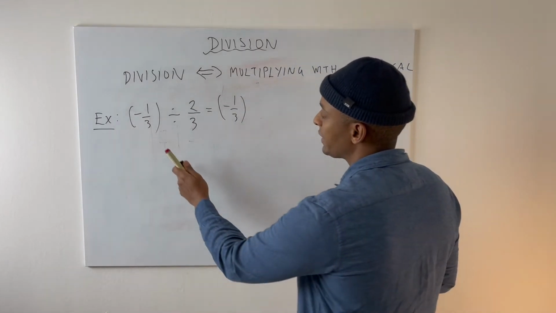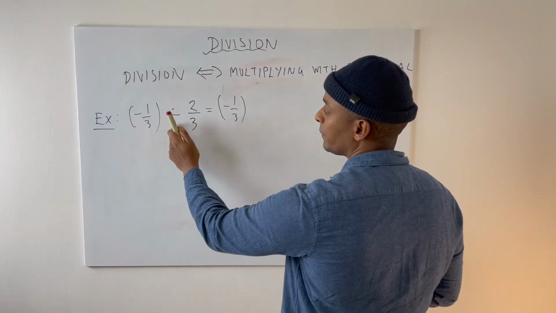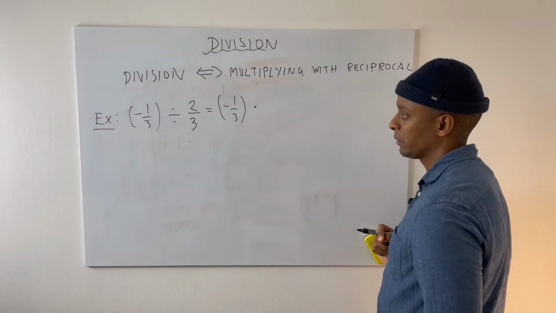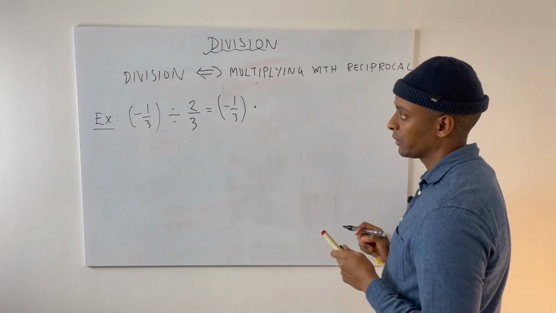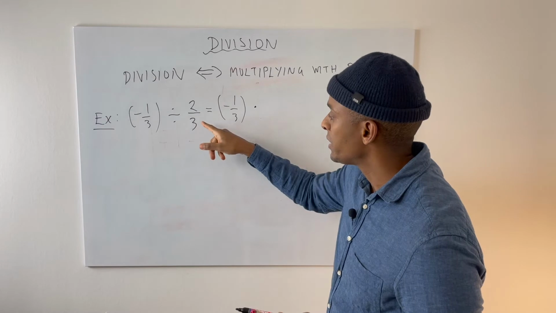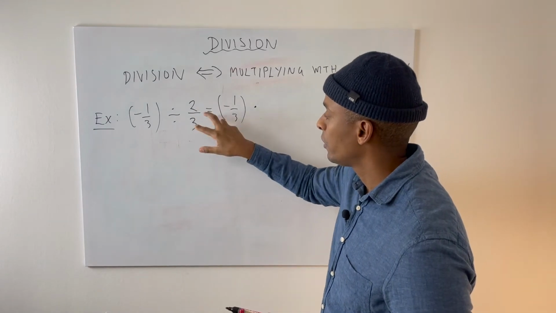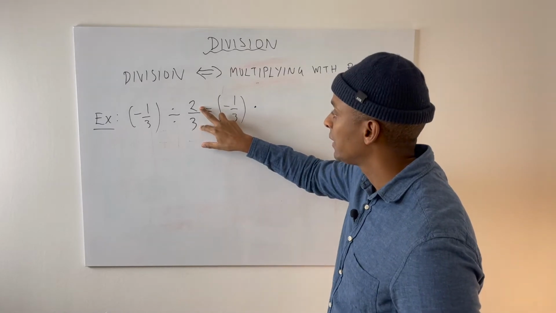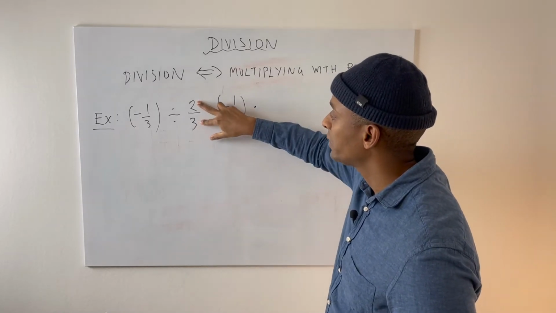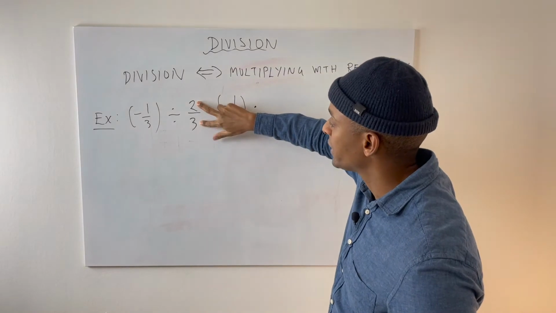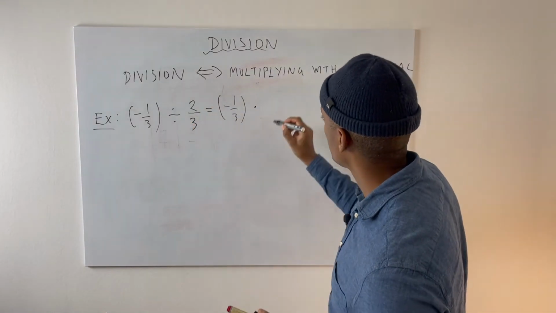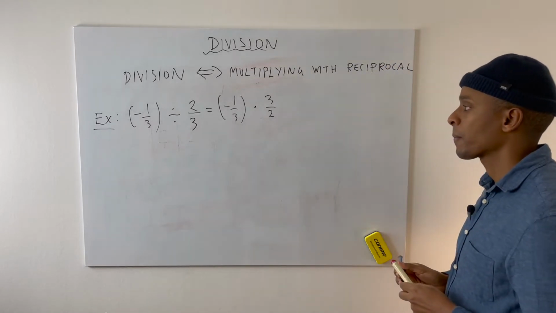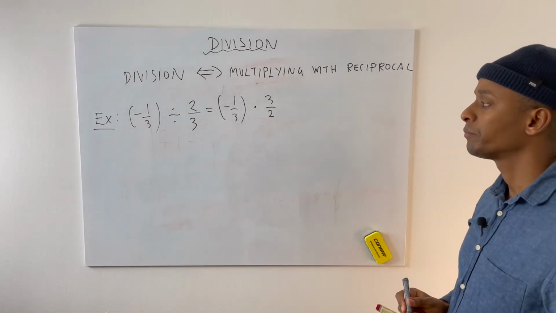Instead of writing a division, I'm going to write a multiplication. But I'm not done yet. Instead of this number, I have to put the reciprocal. And we talked about that. Reciprocal for rational numbers is about flipping, right? So we have to flip here: 3 divided by 2.